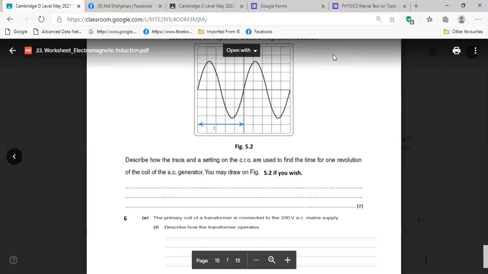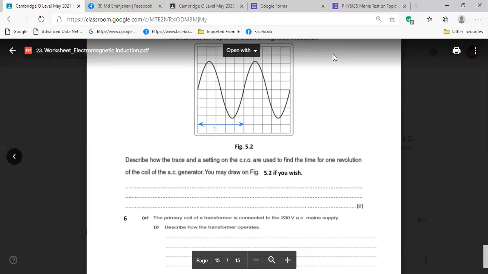Sir, actually I wrote something else. Yes, write time base. The time base is the time per division. We divide the number of waves by the time we measured.